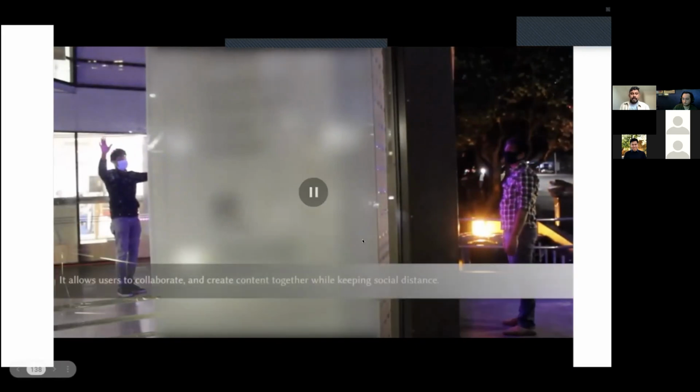You can see there are two users, both wearing these interfaces. While they're doing the art jamming, they communicate with each other using this interface, and one person can feel the movements of the other person, and accordingly they can create a better art jamming task.